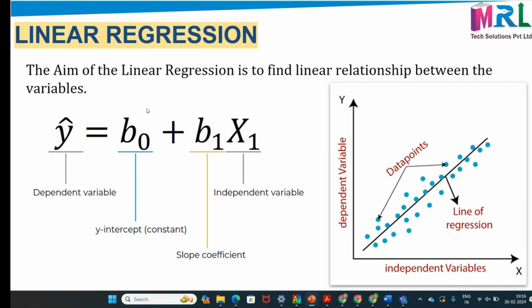In mathematical equation form, y = b0 + b1x1. That's nothing but a linear line between two variables. b0 is the point where the line intersects the dependent variable axis, the intercept. b1 is the slope coefficient, and x1 is nothing but the independent variable from the data set, and the dependent variable y is nothing but the output of the data set.